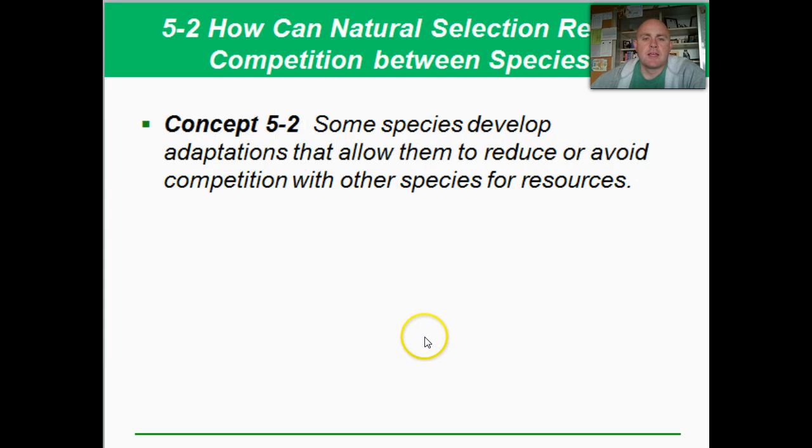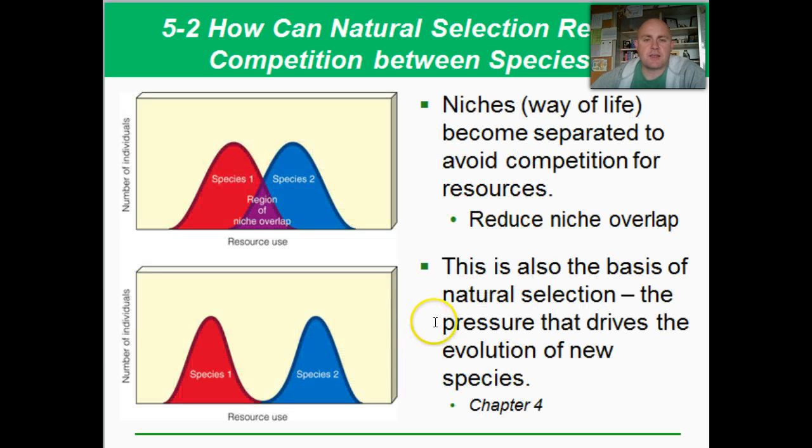Section 2, we're talking about this idea of niches and the overlap of niches and how that affects things. So these are two different species, species 1, species 2. If species 1 and 2 share some part of their niche with one another, the competitive exclusion principle is going to have to come into effect.